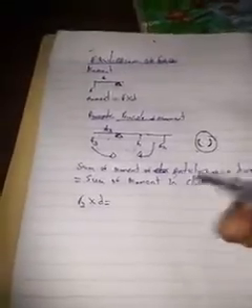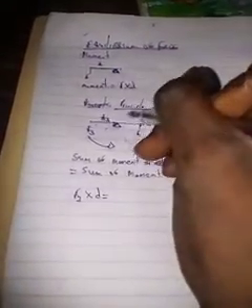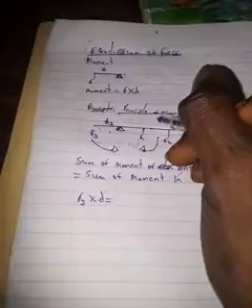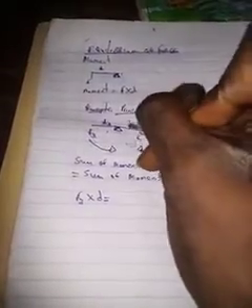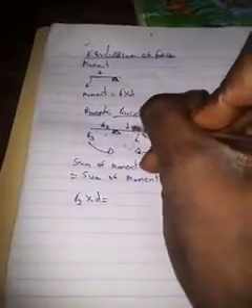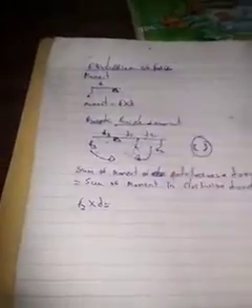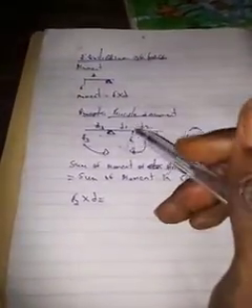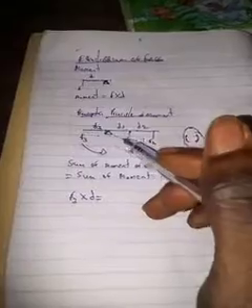Let's say this place is D1, this place is D2. So we have to calculate the sum of the moments here.